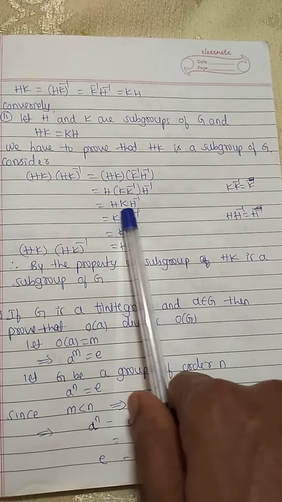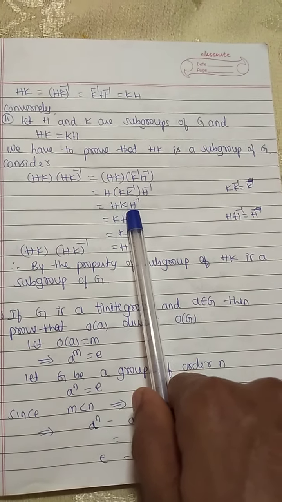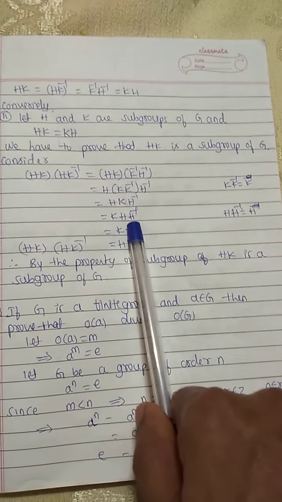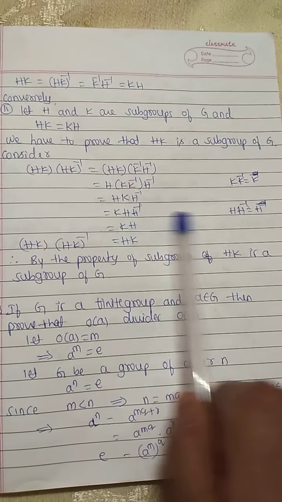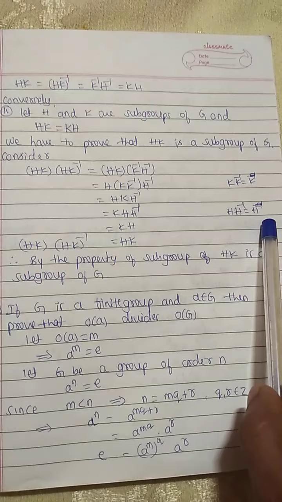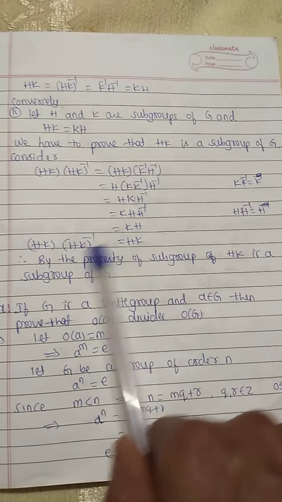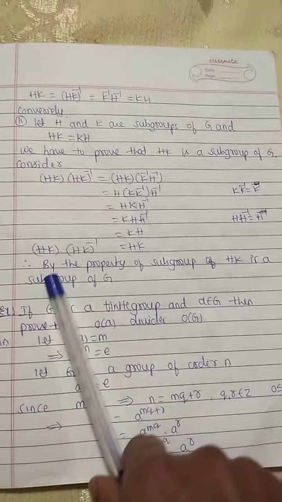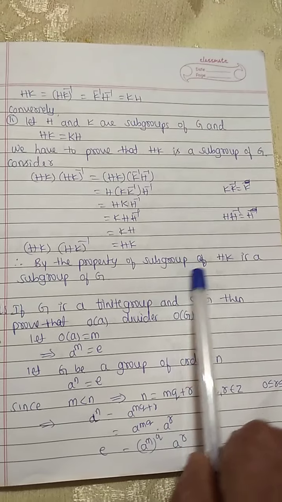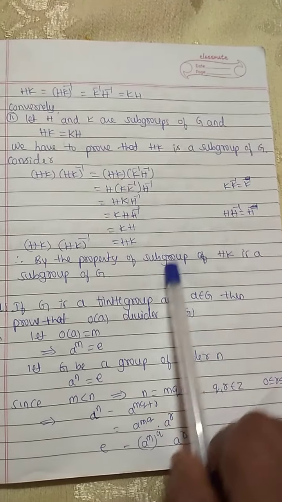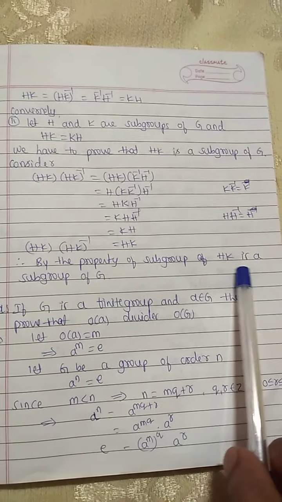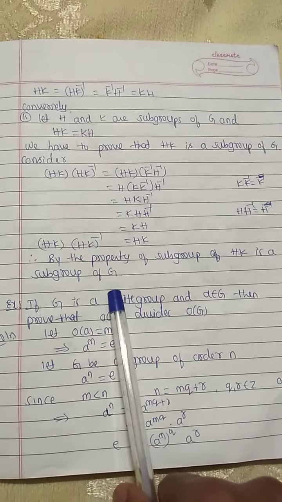H inverse equals H because H is a subgroup of G, that is KH. HK inverse equals HK. By the property of subgroups, HK is a subgroup of G.